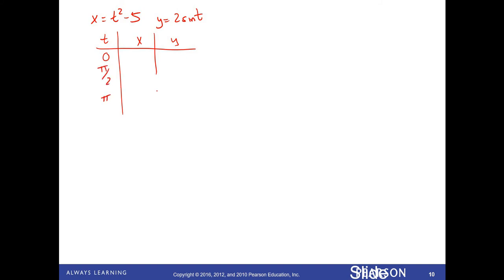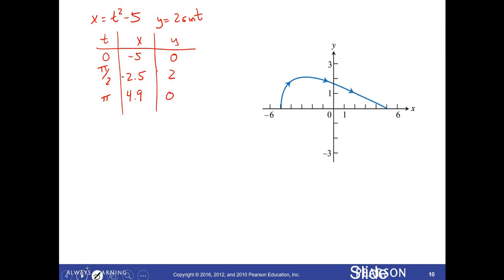Now if we were actually curve sketching this, we would do a few more, but I'm going to keep it simple. When I put these values into x, I get -5. Pi over 2 squared minus 5 using my calculator is about -2.5, and pi squared minus 5 is about 4.9. My y values are going to be 0, 2, and 0. So if we sketch this, and you see they've given us our direction here, we get a curve that looks something like this.